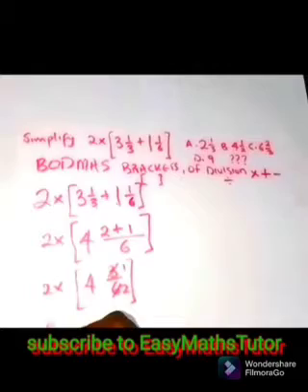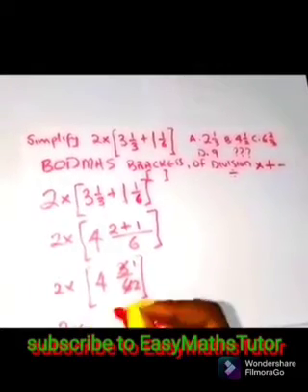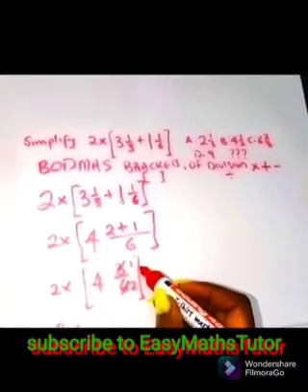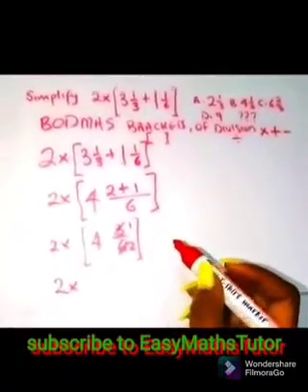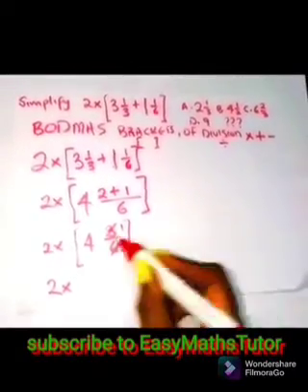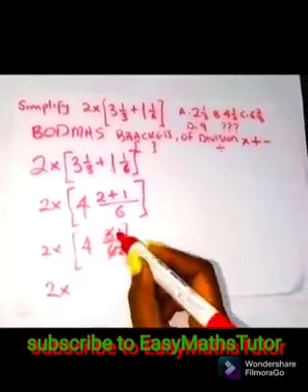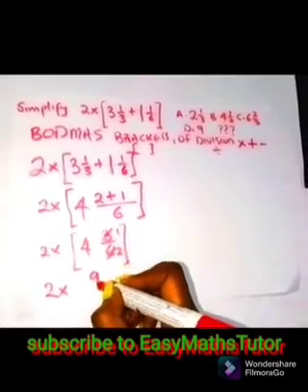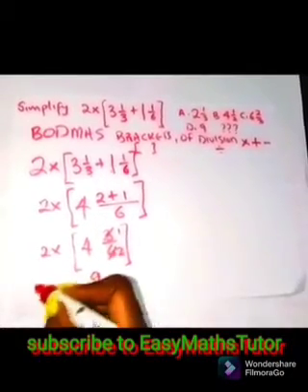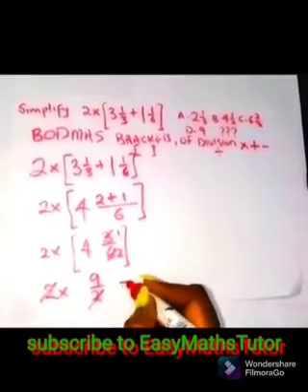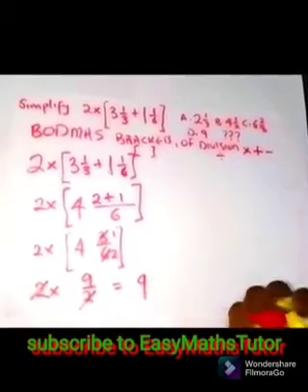Okay? So we'll say 2 times 4 whole number 1 over 2. We'll convert it to our improper fraction. So that will be 4 times 2 plus 1, which is 9 all over 2. So this 2 will cancel this out, and our answer will be 9.